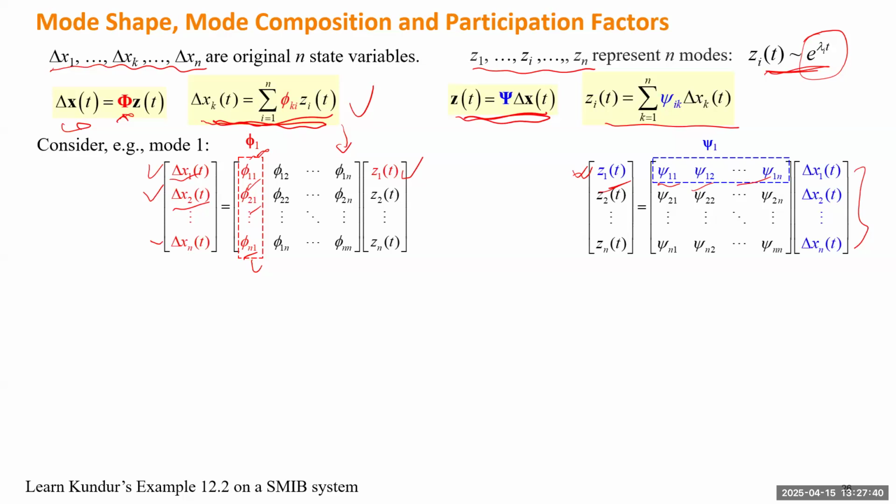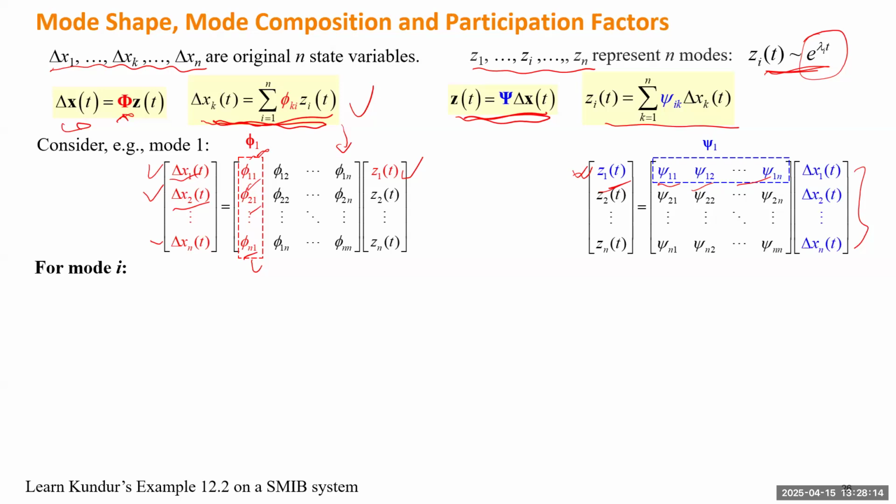The second equation tells how this mode is formed from all the state variables. All the state variables have their contribution to this mode. So the first equation tells how each mode is presented in all state variables. The second equation tells how all state variables together form one mode. So we can call the second, that row vector psi 1, the mode composition of mode 1.